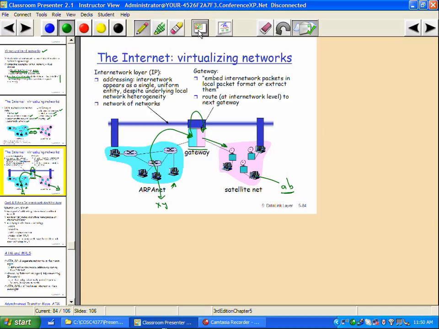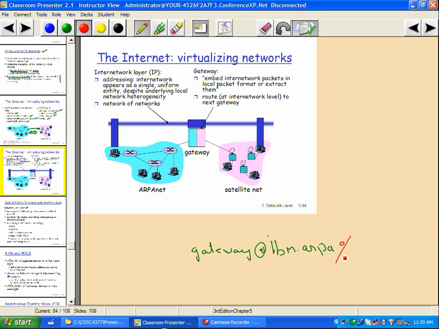The email addresses in those days would look something like this, if you wanted to send email to somebody on another network, let's say an IBM. You would say gateway at IBM.ARPA or something like that to get to the gateway. And then there will be a special convention.